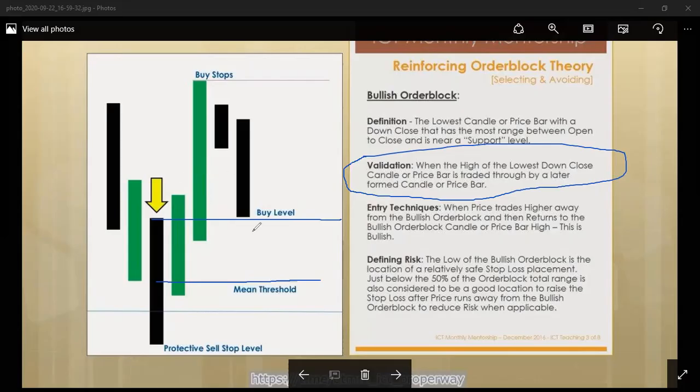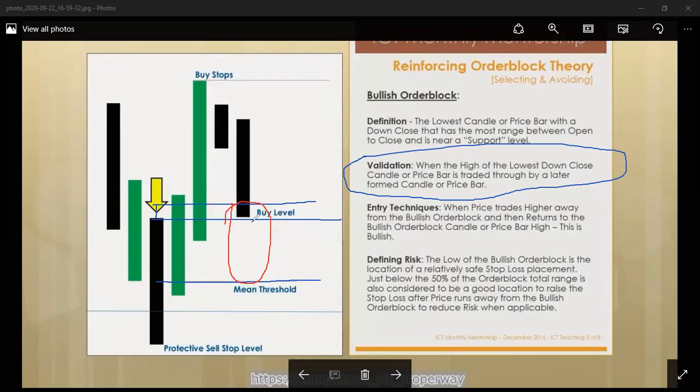So when price comes back, you can buy from there. Sometimes there's a wick, so you can even mark the wick also. But there are certain pairs that respect the wick more than the body. So your buy is going to be in this area here. That's where you're going to buy.